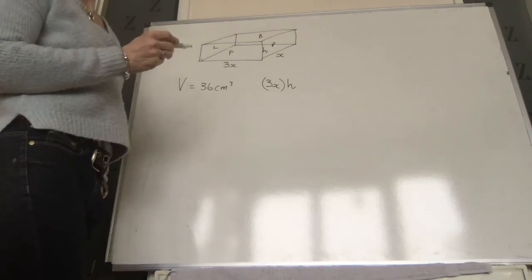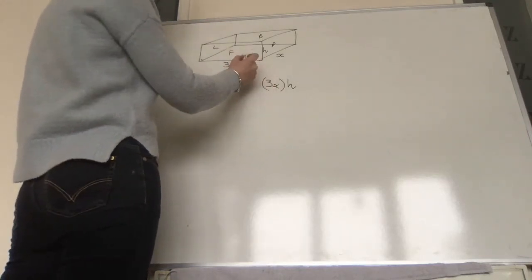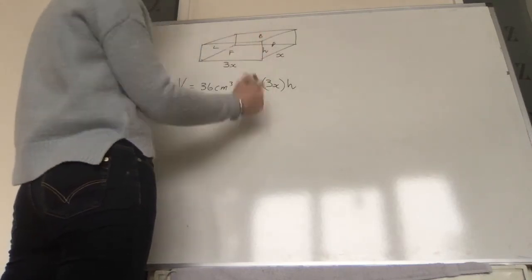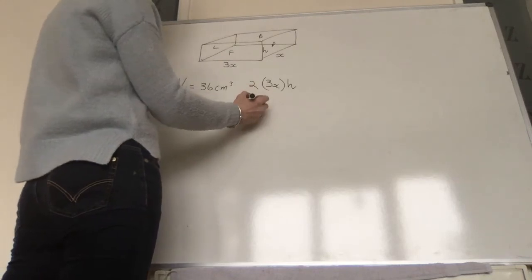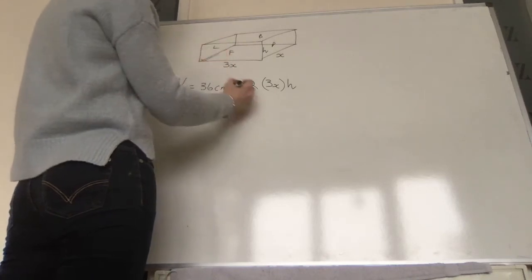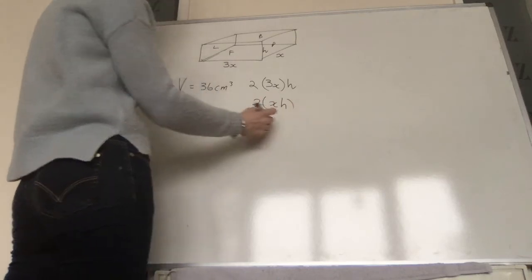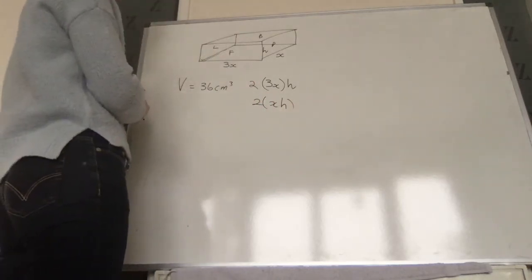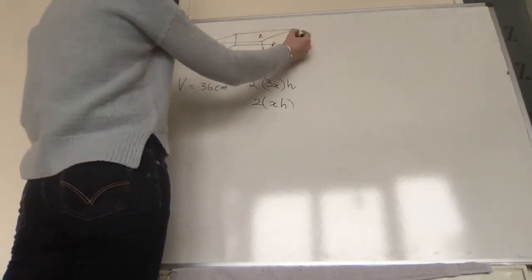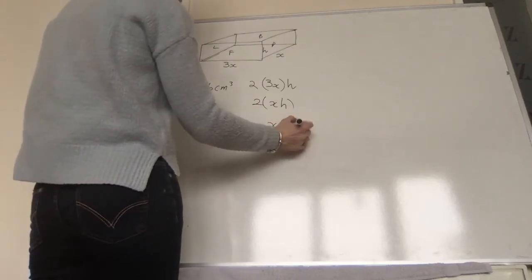Okay, 3x by h, and we're going to need to multiply that by 2 because there's a front and a back. Now, the left and the right is going to be x by h, and then we multiply that by 2 because there's a left and a right. And the top and the bottom are x by 3x, and again there's 2 of them.